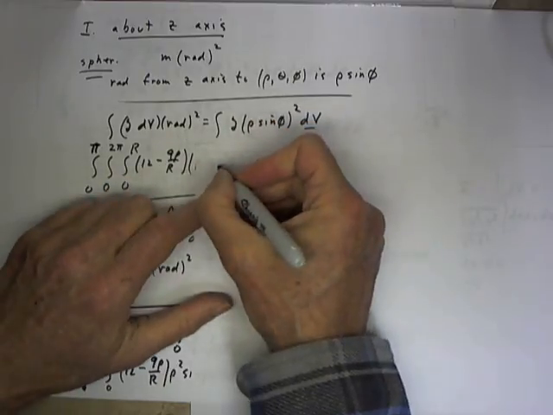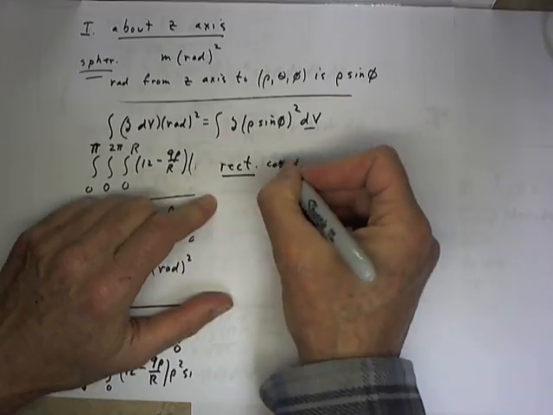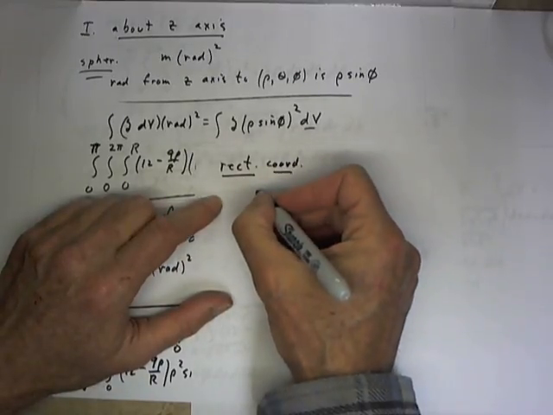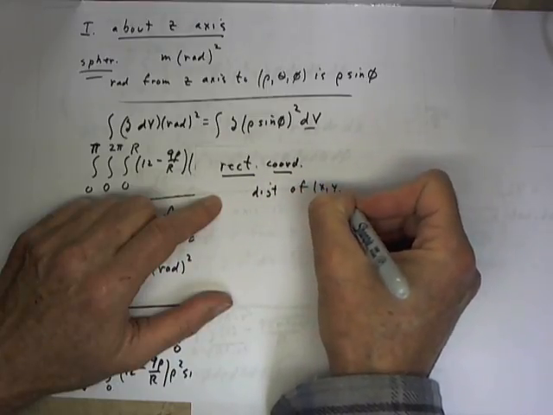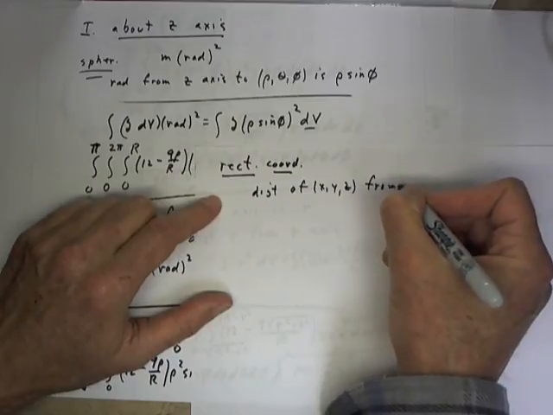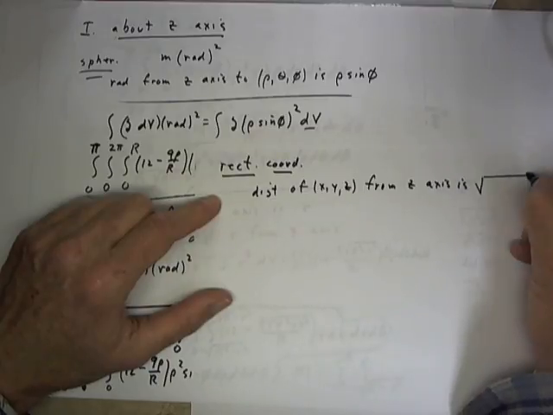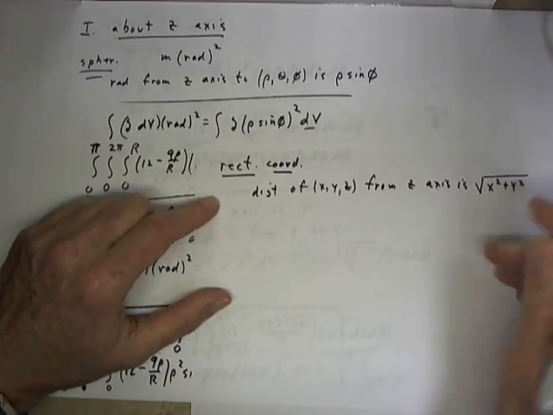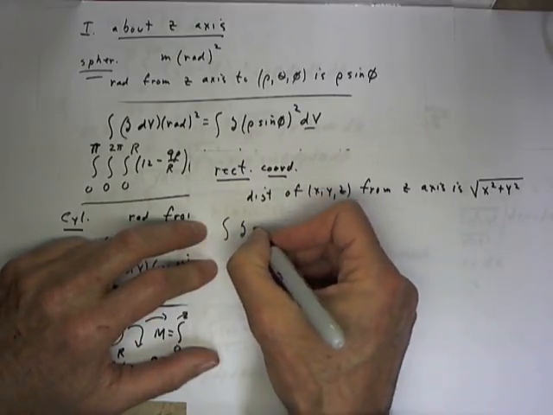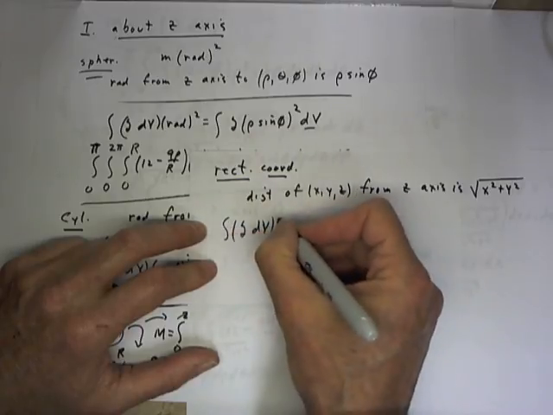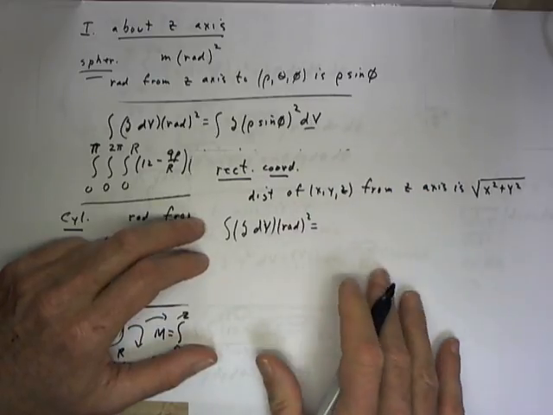In rectangular coordinates, our distance from the z-axis is simply the square root of x squared plus y squared, so that our integral of density dv times that distance squared becomes what?